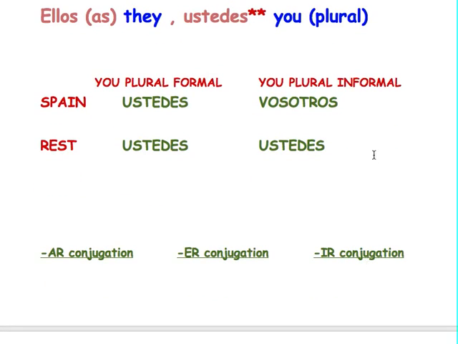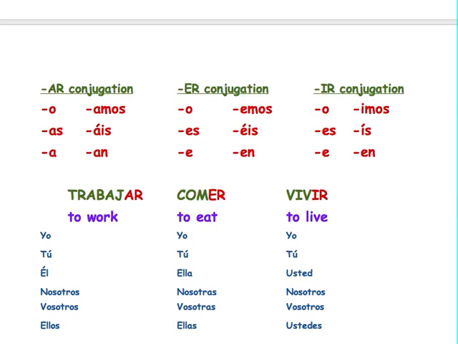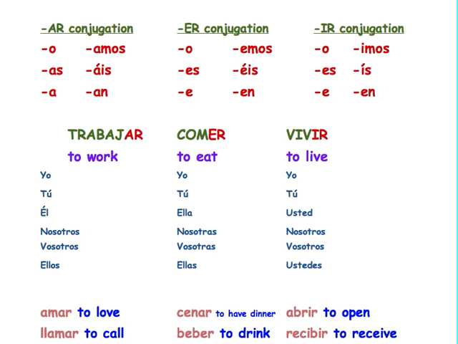Okay, so then we have the conjugation with ar, er, ir. So with ar conjugation, we have to add the conjugation to the root.